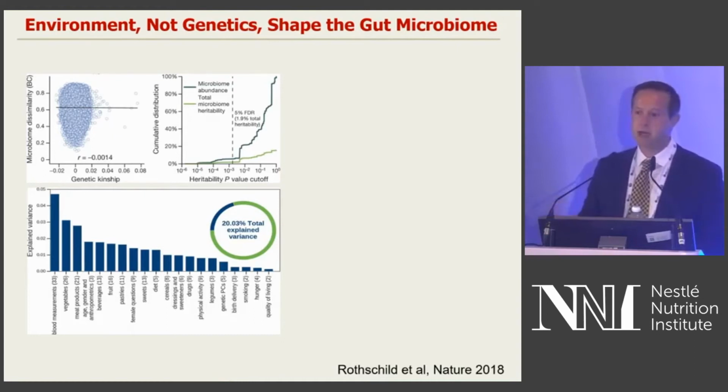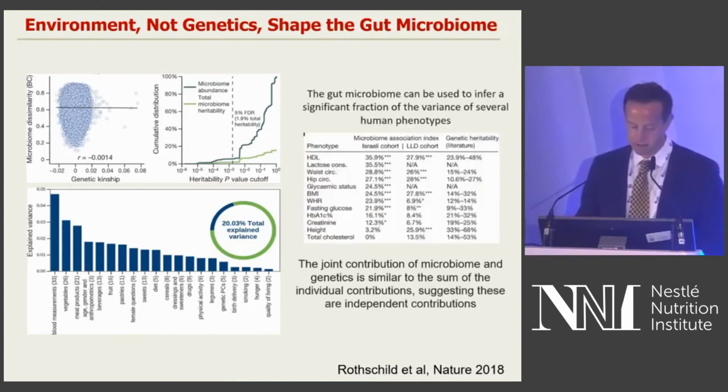So genetics have a very, very minor role in determining what type of microbiome you have. Whereas if you look at the bottom, in the same paper they looked at a whole load of environmental exposures, and this explains 20% of microbiome composition. So it's much more important what you're exposed to and what you do, not what your genetics are, from a microbiome composition point of view.